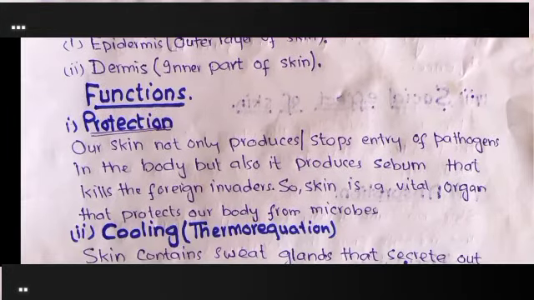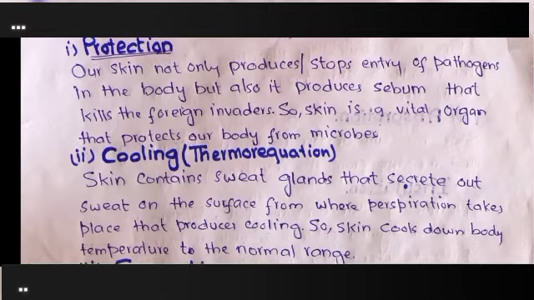In the process of protection, it also produces some chemicals like sebum. This sebum also helps in protection, because it kills the pathogens that try to enter into our body.